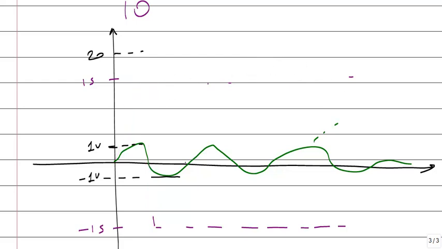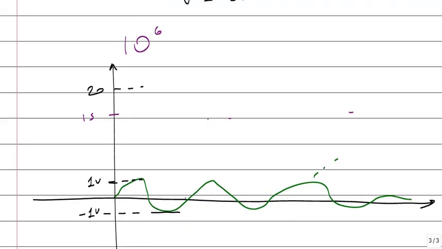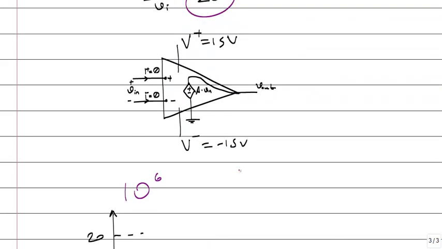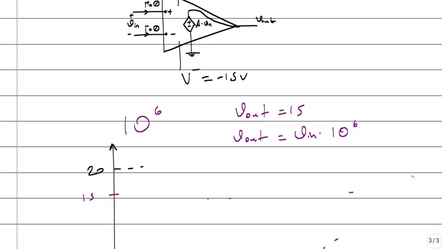You apply this input to a real op-amp. What happens to the output? The output should be between positive 1 million and negative 1 million, but it's impossible. It cannot exceed 15 volts. The output will reach 15 volts when V out is equal to V in times 1 million.